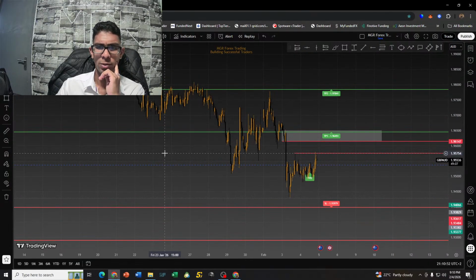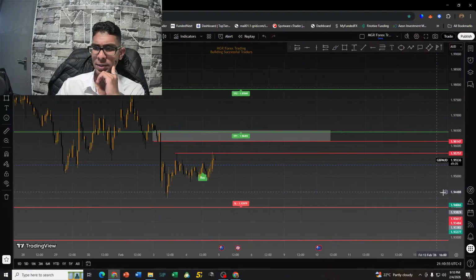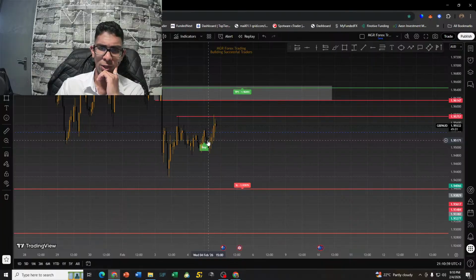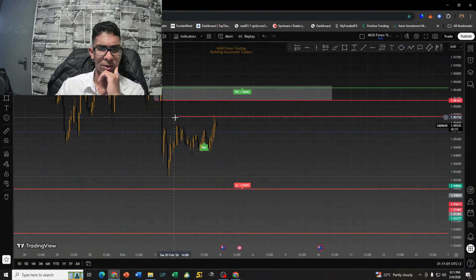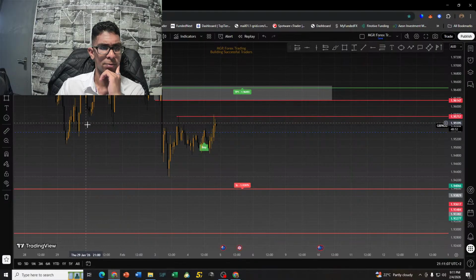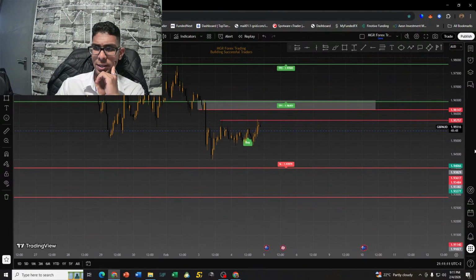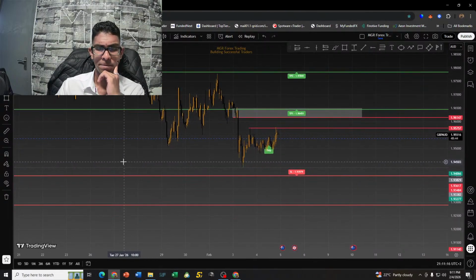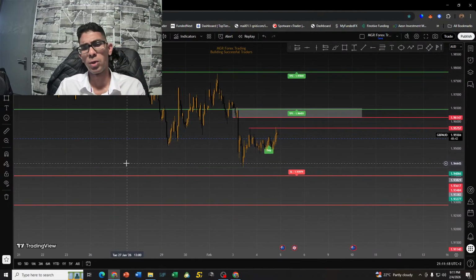Overall market structure is bearish, and your lower time frame market structure is bullish, correct? However, we are still stuck within a very strong level of resistance. Previous support turned resistance as well. I would not engage, I would be patient. Take my time with this one.